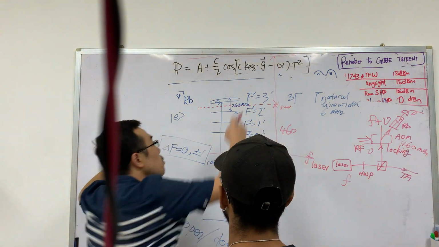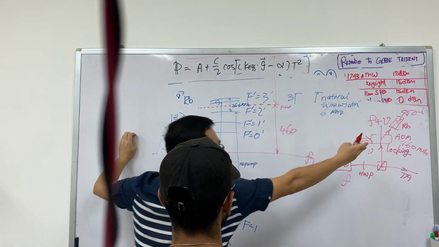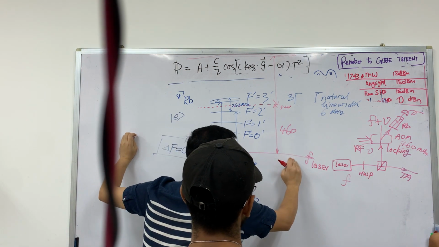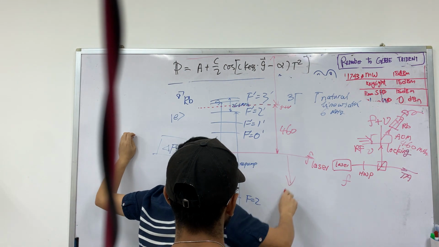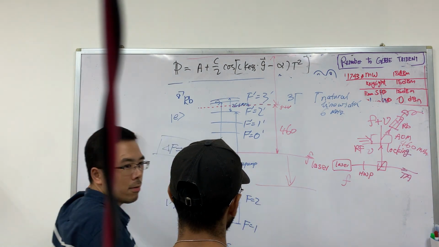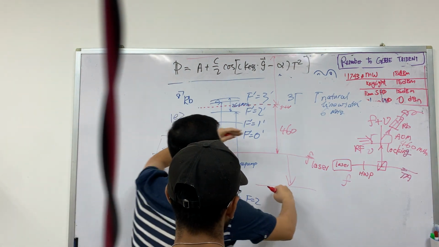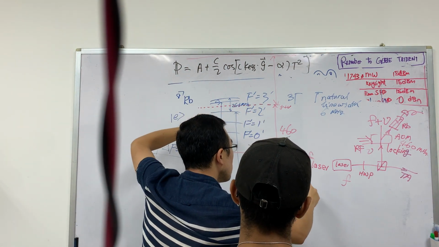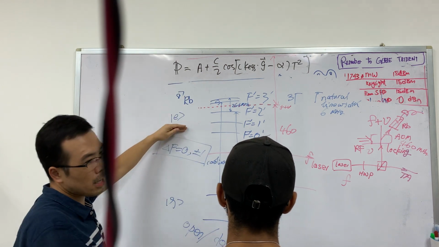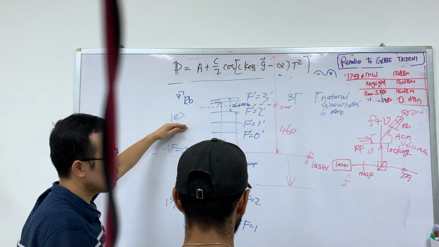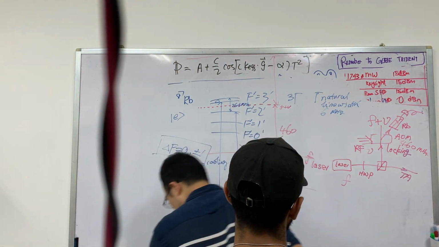For Atlas, we use minus. For Kronos, we use plus, which means the laser is here. Why do we want to do that? Because we want to bring the Raman even lower. Because we want a big detuning of the Raman beam with respect to the excited state for this stage. Okay, let me do it carefully.